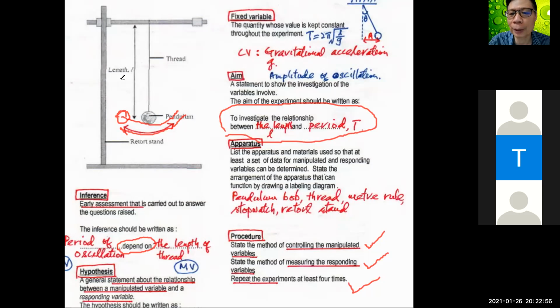It's called repetition, 知道吗？用不同长度的线来做，你 repeat 那个 experiment. Okay, understand or not?